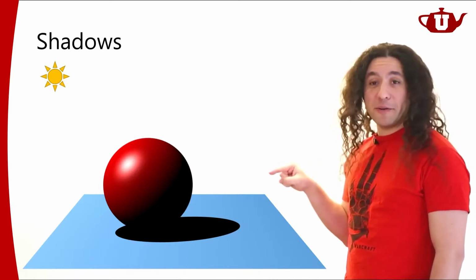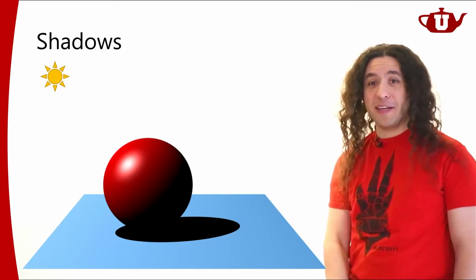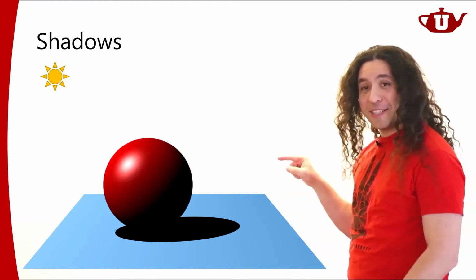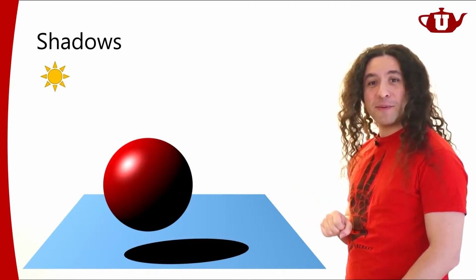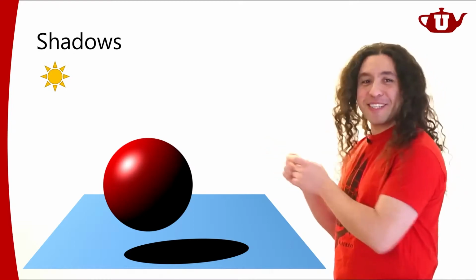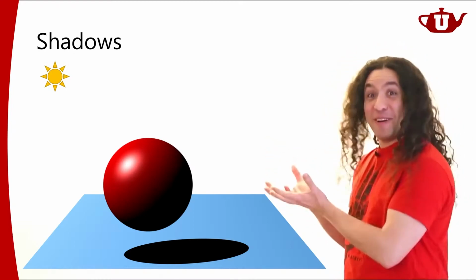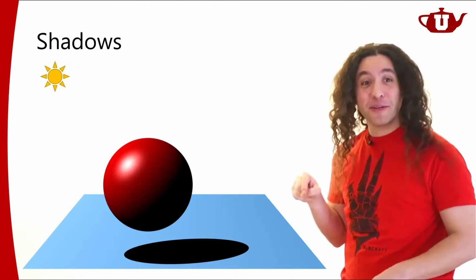I'm going to move this shadow, and nothing else. Ready? I'm moving the shadow. The shadow is over there. Oh, what did I do? What happened? This ball is no longer touching this plane, right? It just floated. But I didn't move the ball. I didn't move the plane. I just moved the shadow.